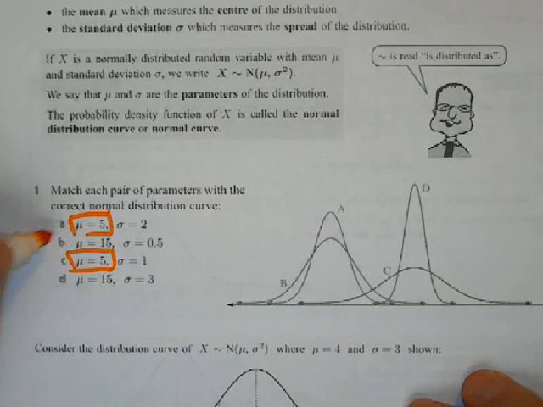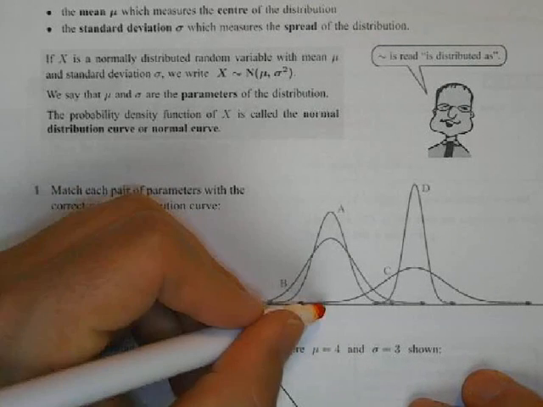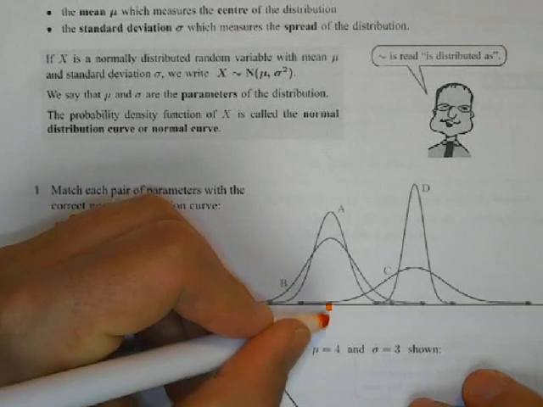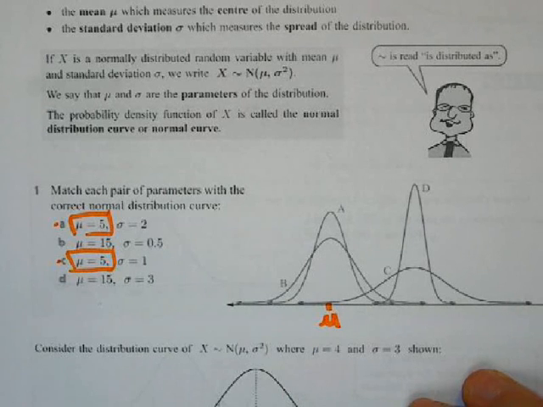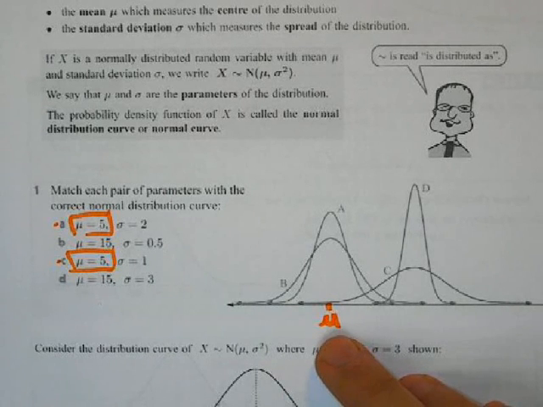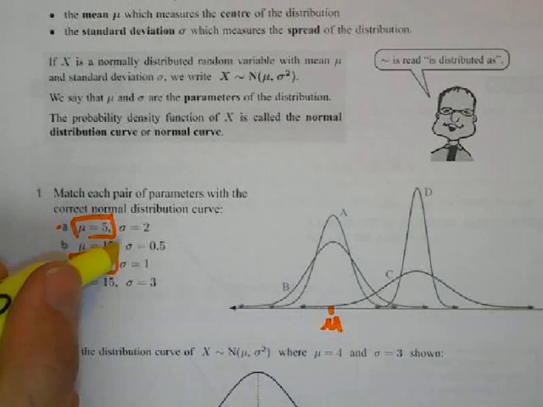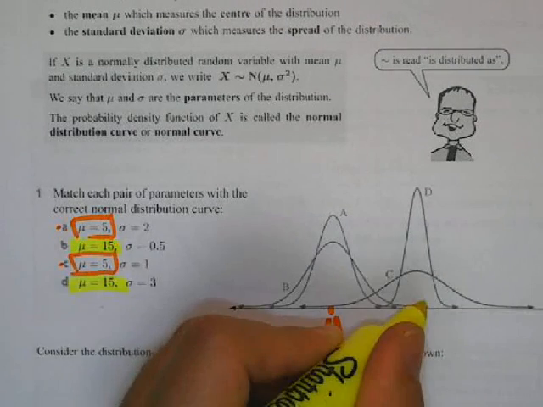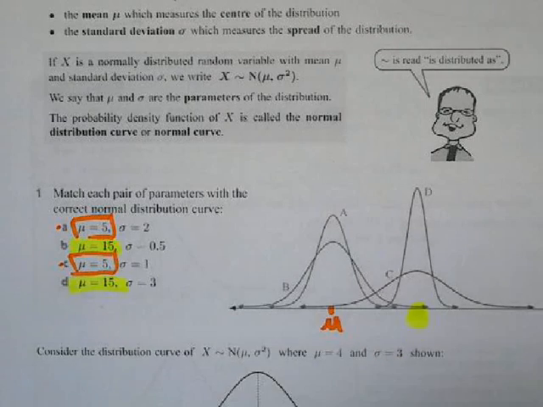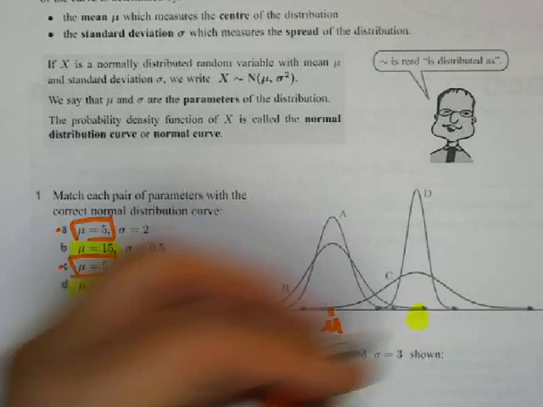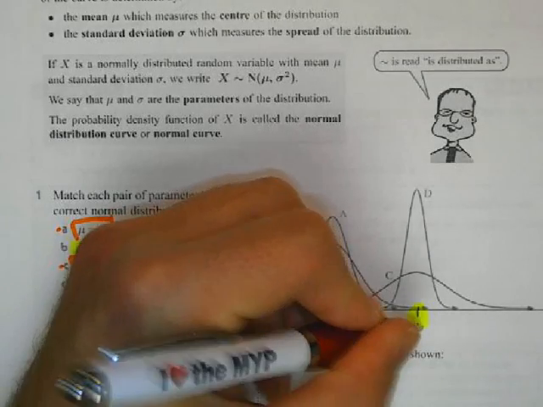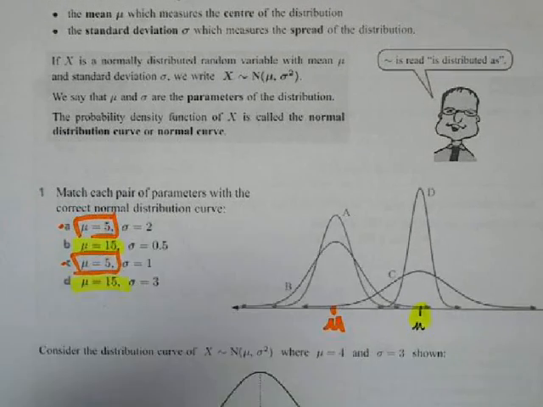So A and B are going to have the mean at a lower value, versus these have a mean at a higher value. So having the mean at a higher value is going to make it move to the right.